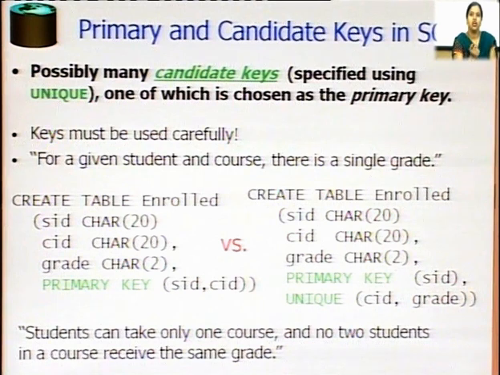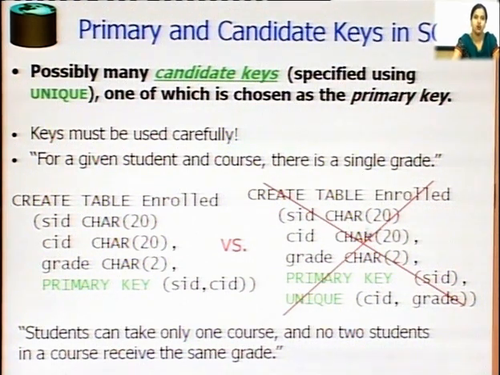Here you see, note there are possibly many candidate keys, and using the unique one chosen as a primary key. These keys must be chosen carefully so that a student can take only one course, and no two students can be enrolled in the same course. So this is wrong. Why is it wrong?